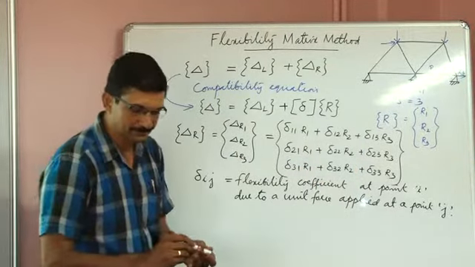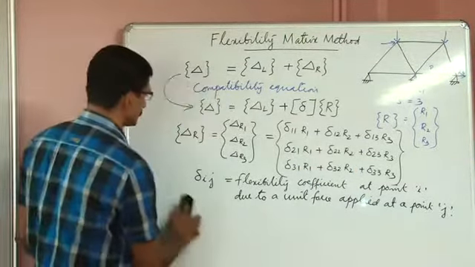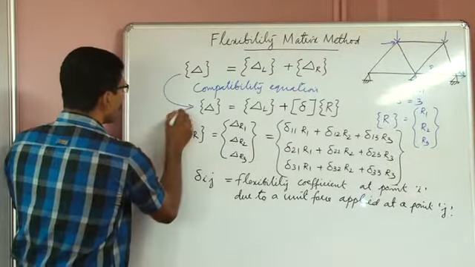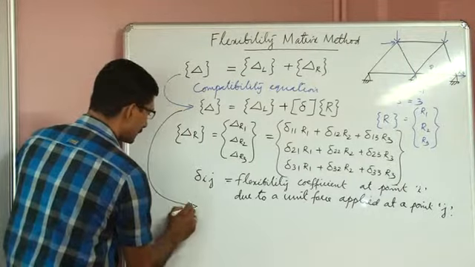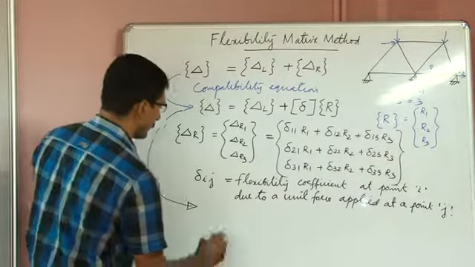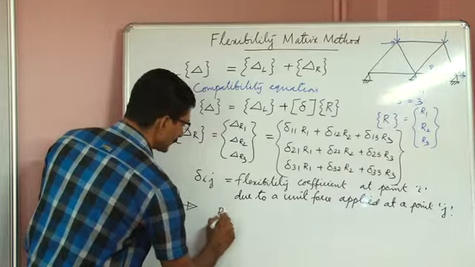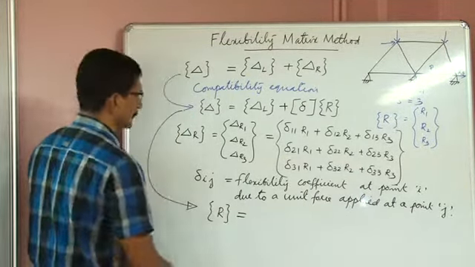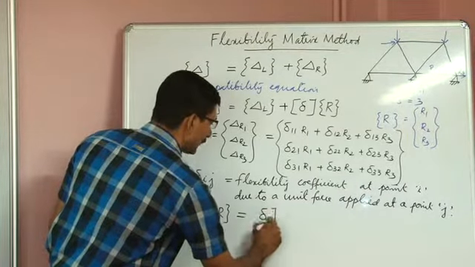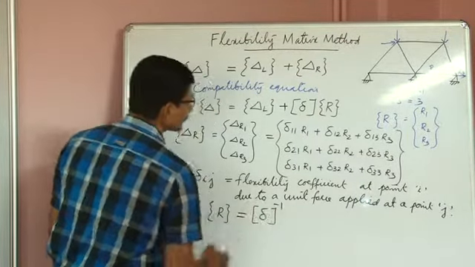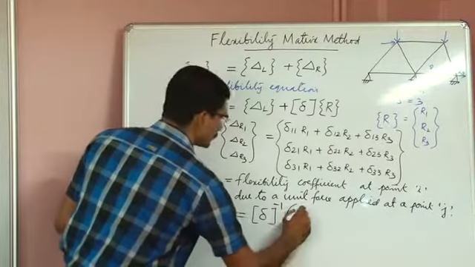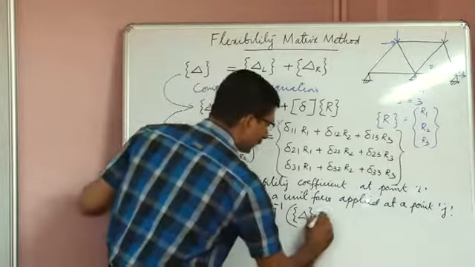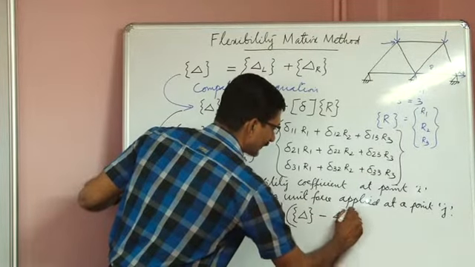Once you do that, from here you can write the redundant forces vector R is equal to delta matrix inverse into delta vector minus delta L vector.